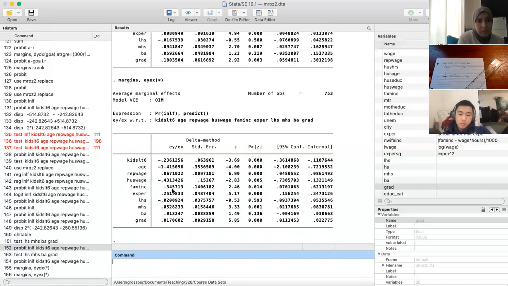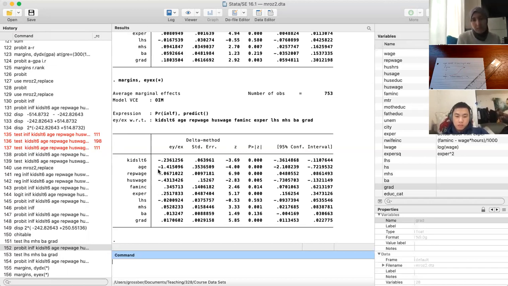And you can see that the probability of being in the labor force is elastic with respect to age. If age goes up by 1 year, the likelihood of being in the labor force goes down 1.41, which is a big decrease in probability, right? I'm sorry, I said that wrong. This is an elasticity.